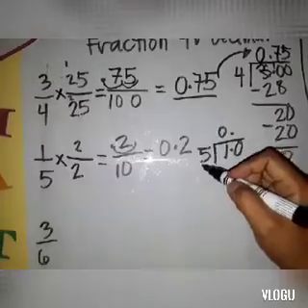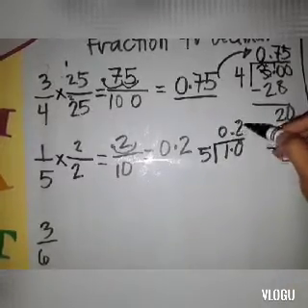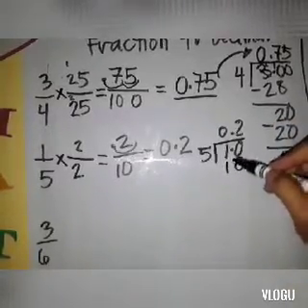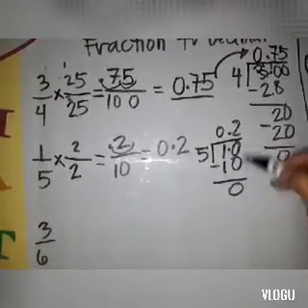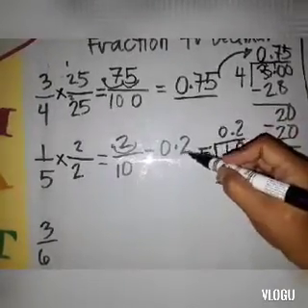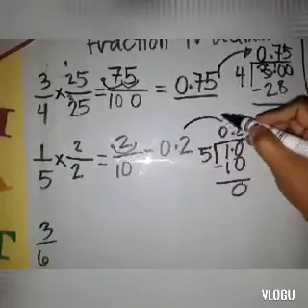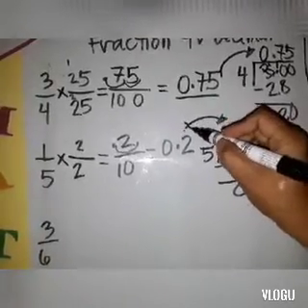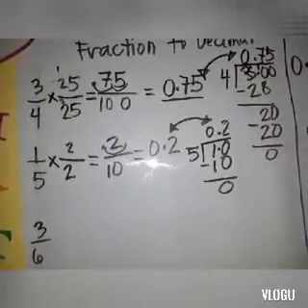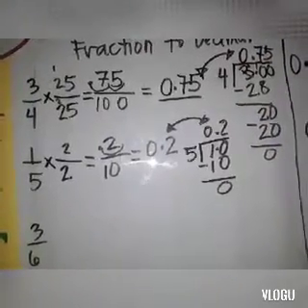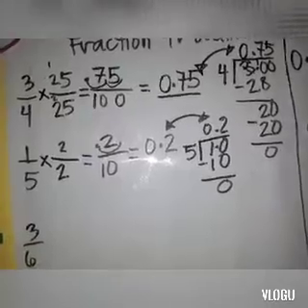So, 10 divided by 5 is equal to 2. 2 times 5 is equal to 10. Subtract 10. 10 minus 10 is 0. So, 0.2, 0.2, they are the same. Okay? So, nasa sa inyo na kung nasaan ang mas madali para sa inyo, yun ang inyong gagamitin.